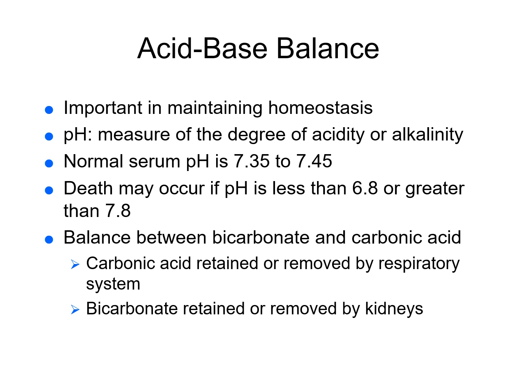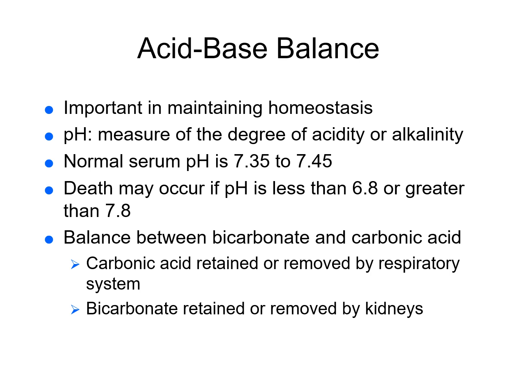Our normal blood serum pH is 7.35 to 7.45. You just need to memorize it. It's right there with your other lab values that I've told you to know. Anything that is greater than 7.8 or less than 6.8, death will occur.